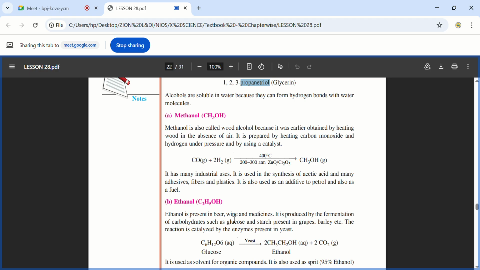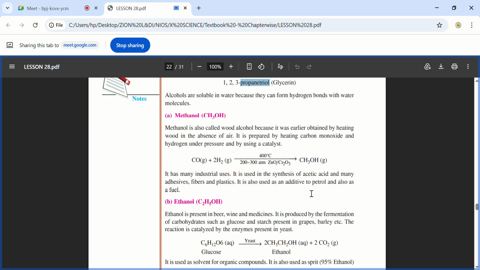Abraham, continue with A. Methanol, CH3OH. Methanol is also called wood alcohol because it was earlier obtained by heating wood in the absence of air. It is prepared by heating carbon monoxide and hydrogen under pressure and by using a catalyst.